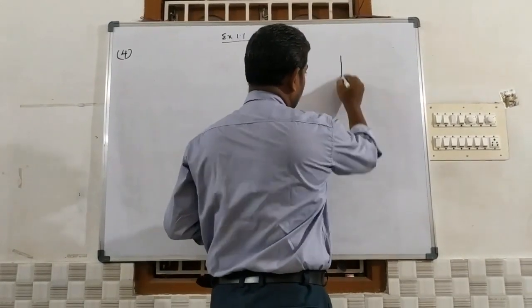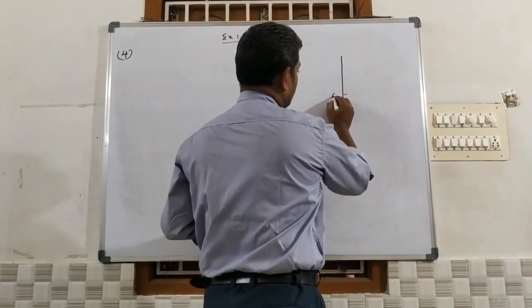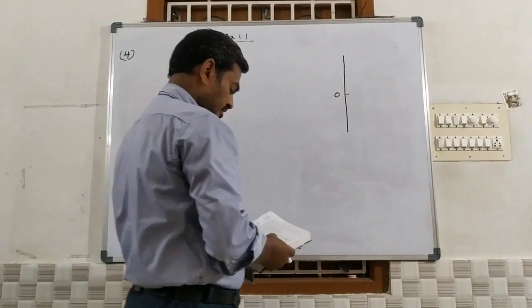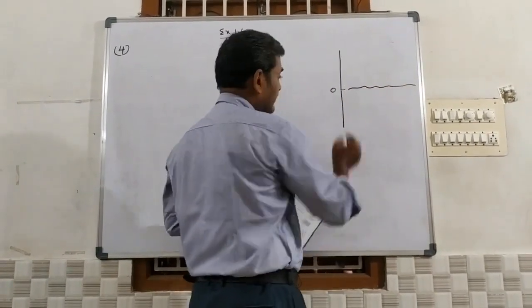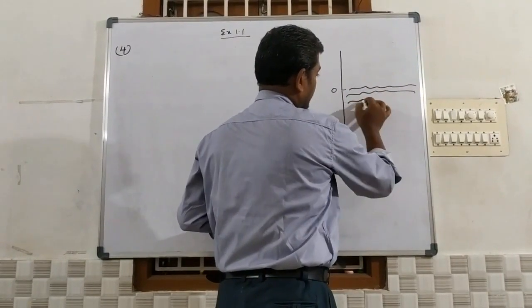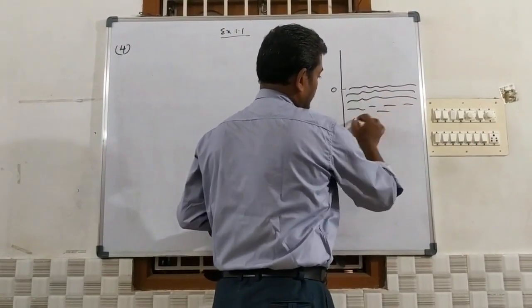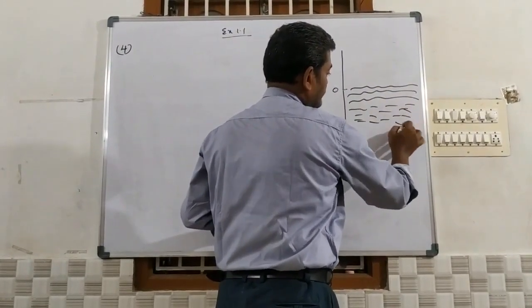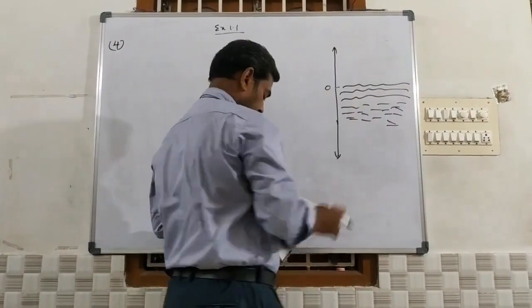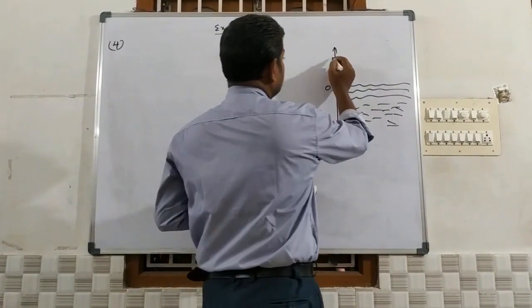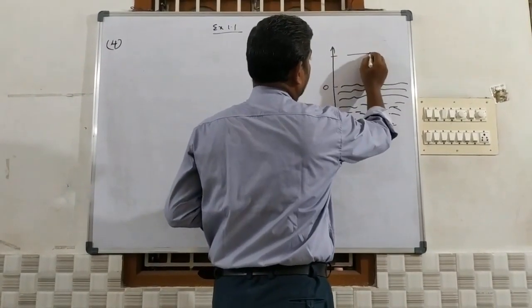So, fourth question. What is the diagram? This is 0 degrees, and this is sea level. That means inside this is water, and one aeroplane is there.